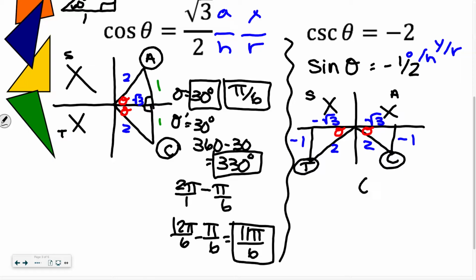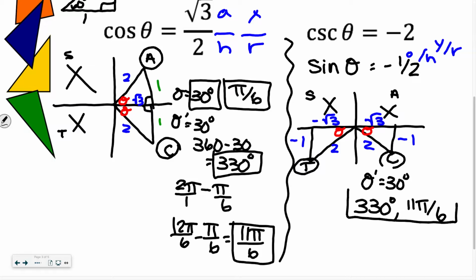Okay. So theta prime is 30. So in quadrant 4, we know that's 330 and 11 pi over 6, because 360 minus 30 is 330, and 2 pi minus pi over 6 is 11 pi over 6.